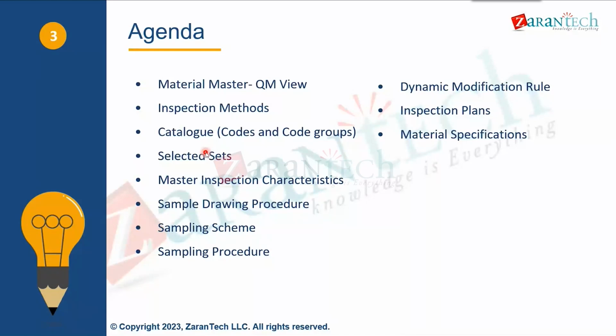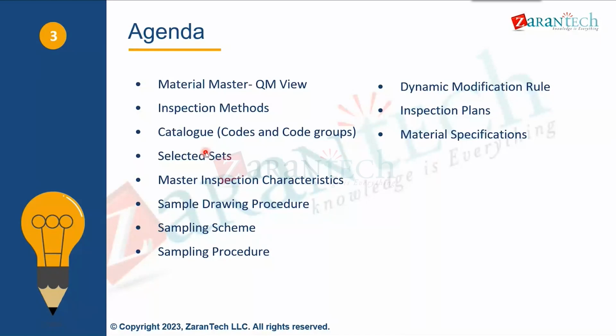Whatever code groups you create for catalog type 1, you will use for results recording for the qualitative characteristics, and whichever you created for catalog type 3 will be used during usage decision. You will use these codes for evaluating and closing the inspection lot.